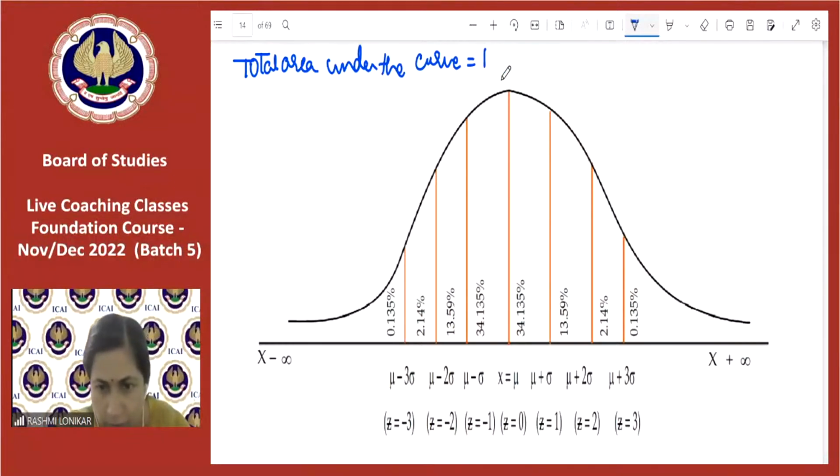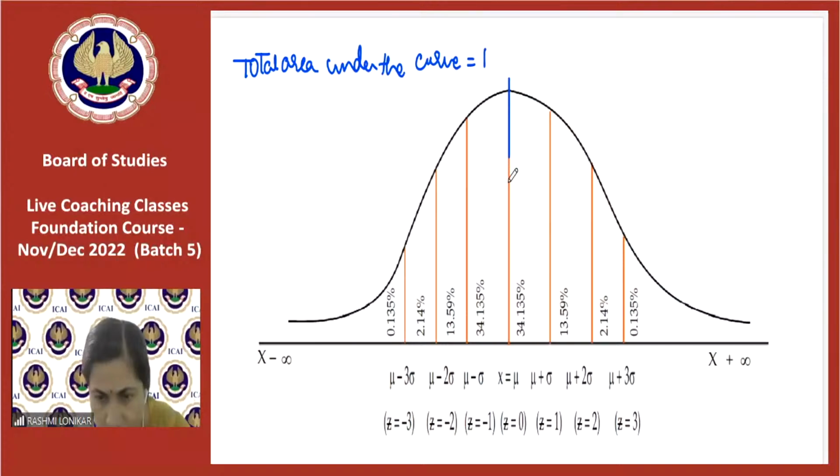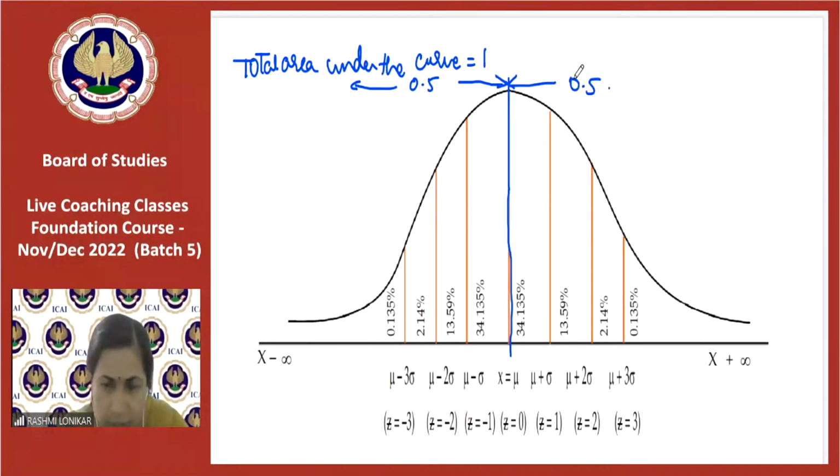This line, that is x is equal to mu, is dividing this area into half, so that from here to here this is 0.5, and from here to here this is 0.5.